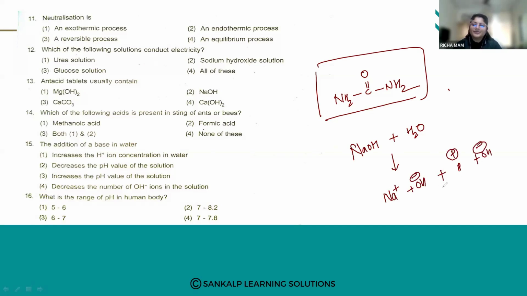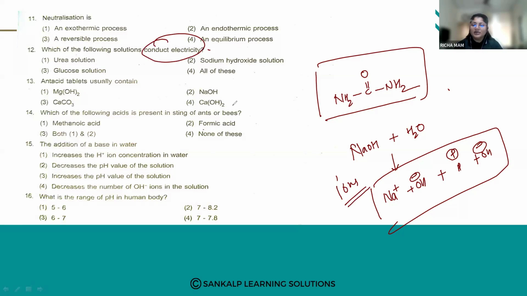So ions are there. When free ions are present, it will conduct electricity, right? Remember, free ions are responsible for conduction of electricity. So it is a good conductor.